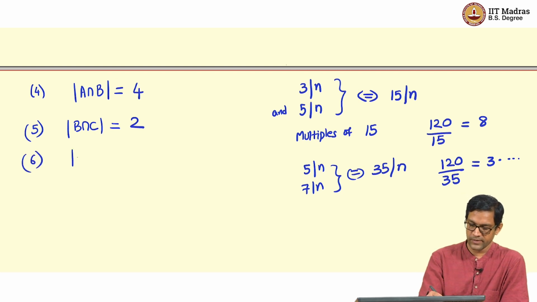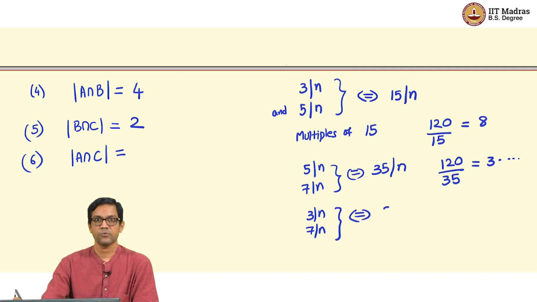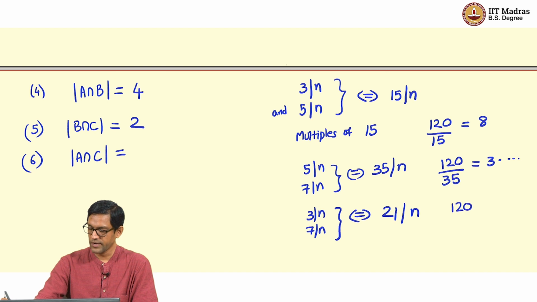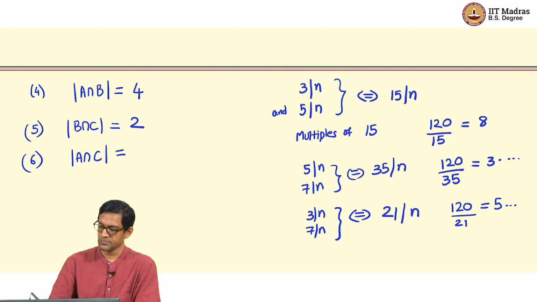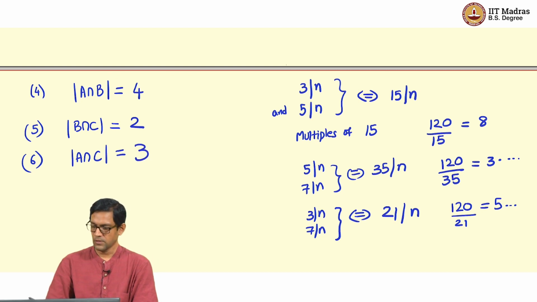Likewise A intersection C gives me multiples of 3 and 7, in other words multiples of 21. When I divide 120 by 21 I get 5 and something decimal. So out of these 5, 3 are odd.